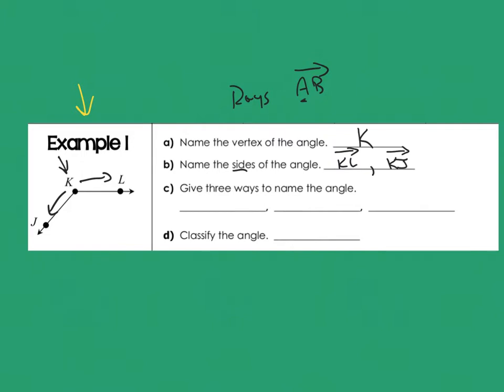Give three ways to name this angle. Well, we could call it angle JKL. Remember, the vertex is the middle letter. Or we could call it angle LKJ. Or, since it's only one angle, we could just call it angle K with just the vertex. Classify the angle. This is definitely greater than 90 degrees, so I would say that this is obtuse.